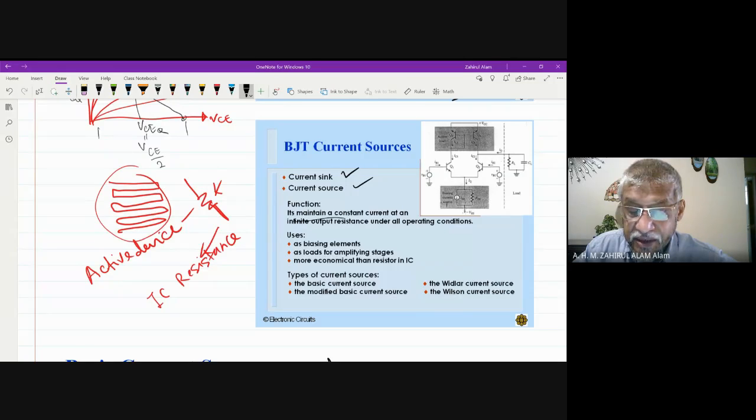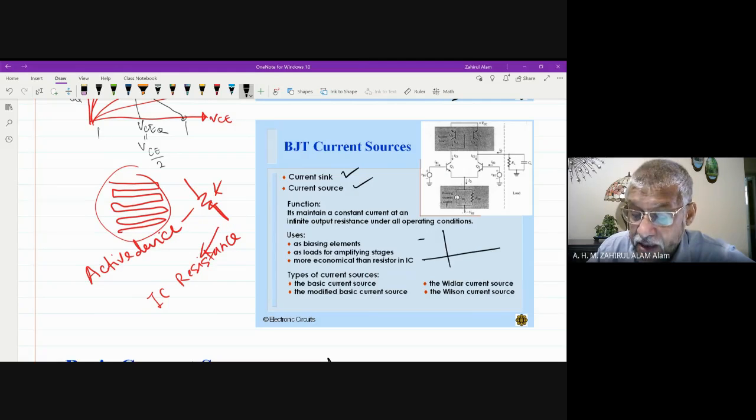It maintains a constant current and attains infinite output resistance under all operating conditions. That means an ideal current source will maintain the same current for whatever voltage across the current source.